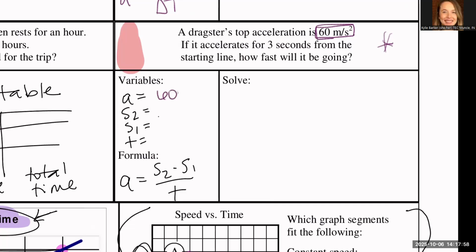So first of all, they told us the acceleration, which we haven't done yet. If it accelerates for 3 seconds, there's the time. From the starting line, how fast will it be going? So they told us the acceleration. They told us the amount of time. We need to know what's the beginning speed and the ending speed.